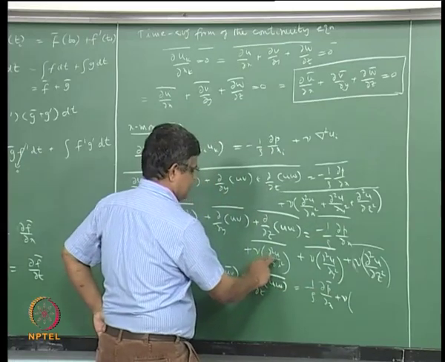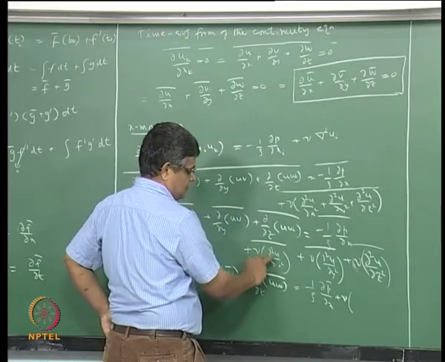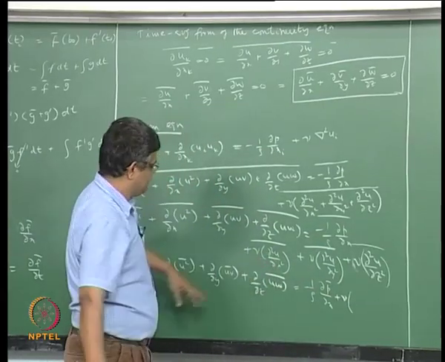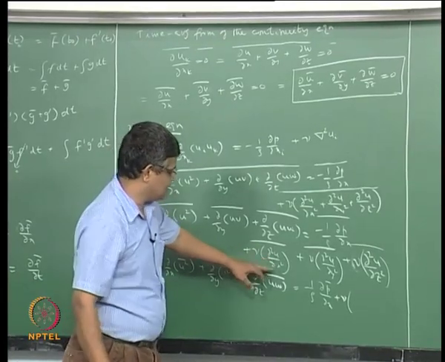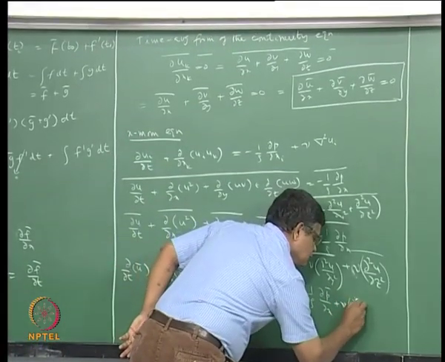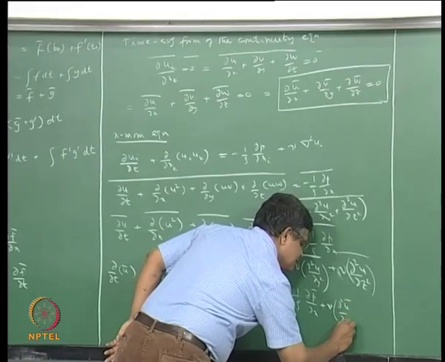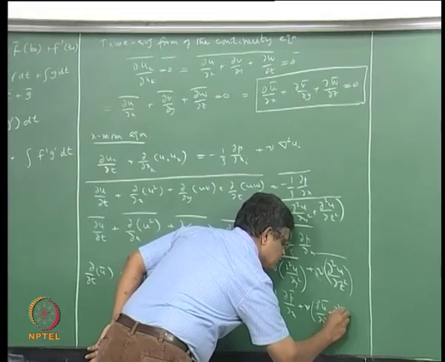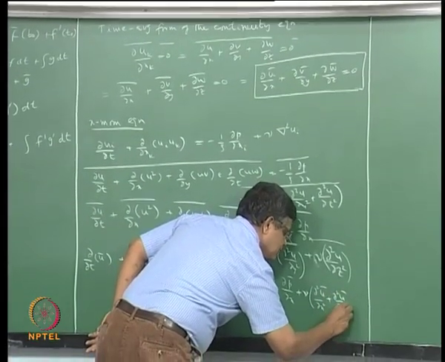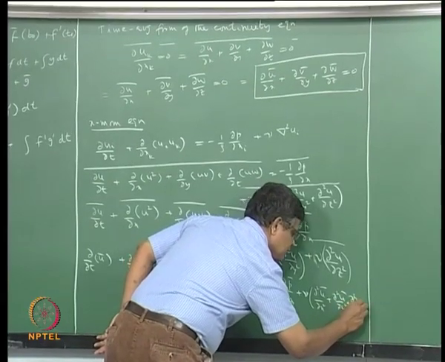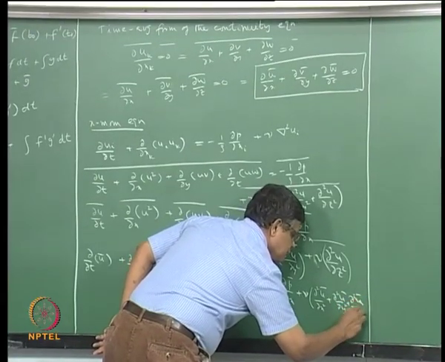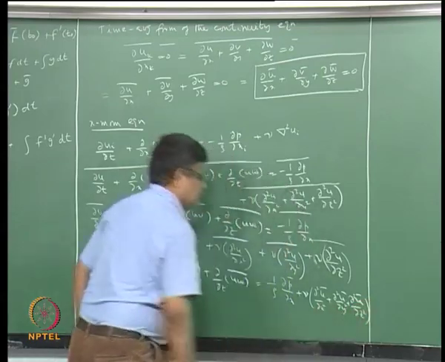We can say that what is applicable for the first derivative is also applicable for the second derivative. This becomes ∂²ū/∂x² + ∂²ū/∂y² + ∂²ū/∂z².